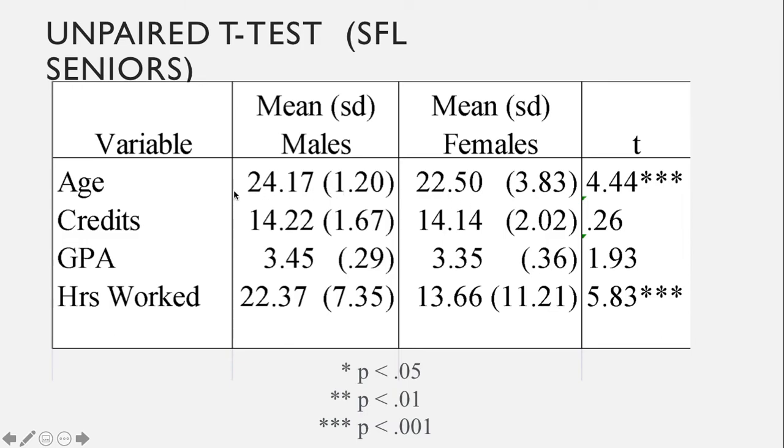So that means that males and females were statistically different on their age levels, and they were also statistically different on the hours that they worked. However, the credits they took and their GPA were not statistically different from each other on the means.